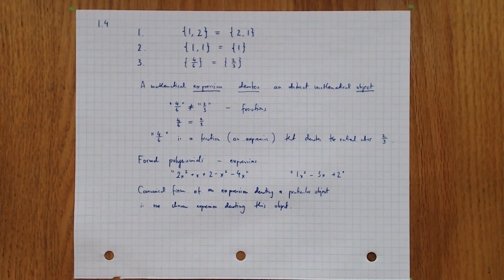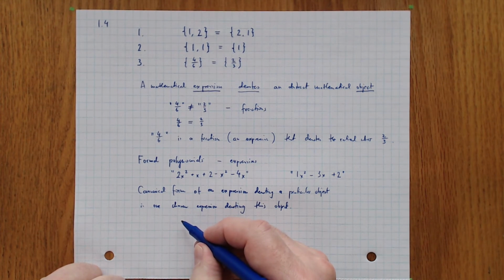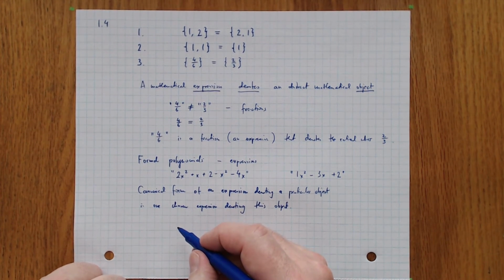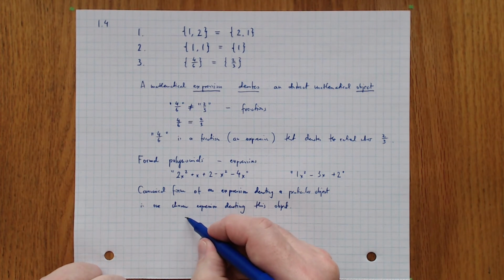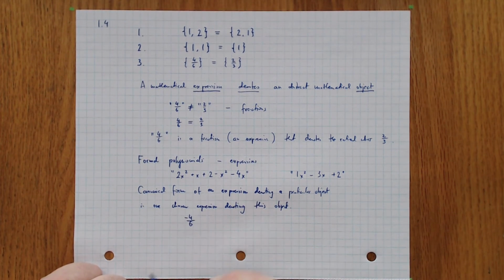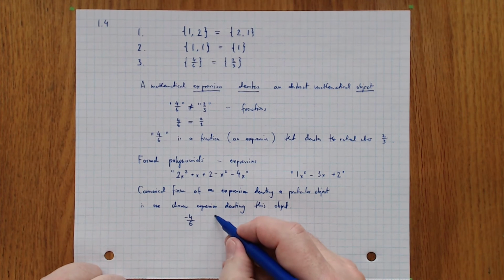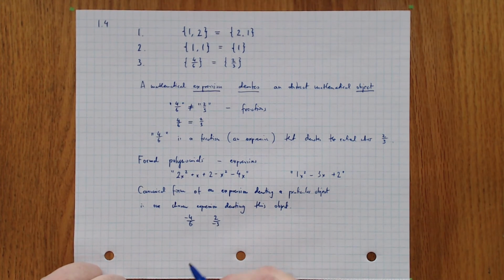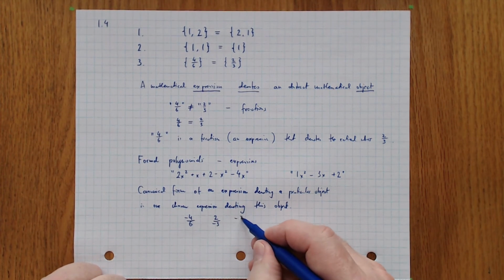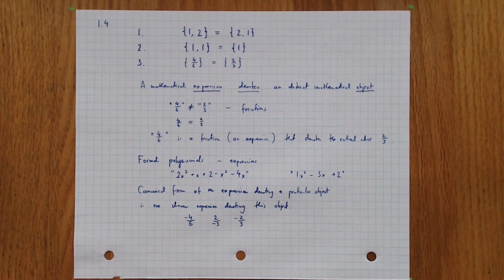For instance, there can be many fractions denoting the same rational number. -4 divided by 6, 2 divided by -3, -2 divided by 3. All these fractions denote the same number.